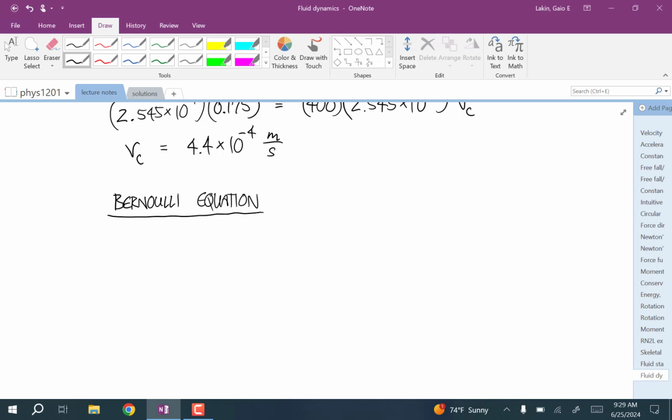But a streamline is a path that if you were able to color a single fluid particle and follow its motion, it is the path that that particle would follow. So we're talking about along the path that's traveled by any single fluid molecule.